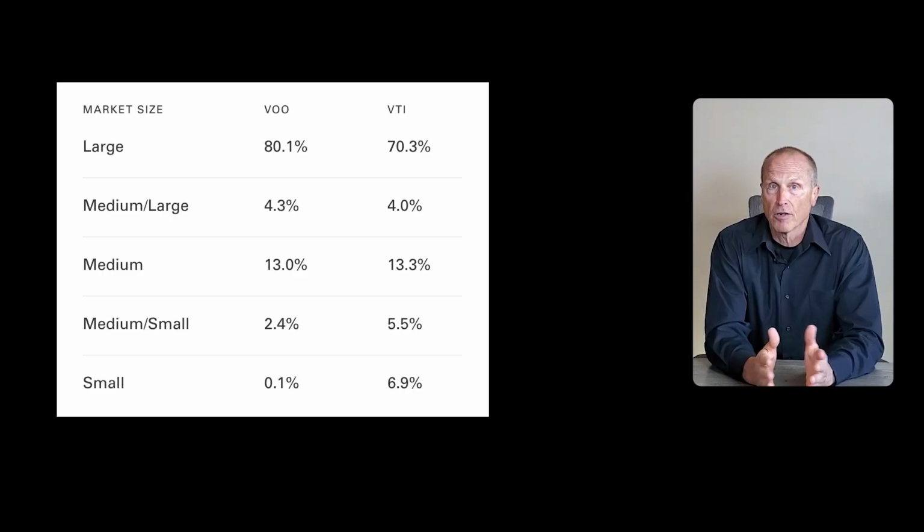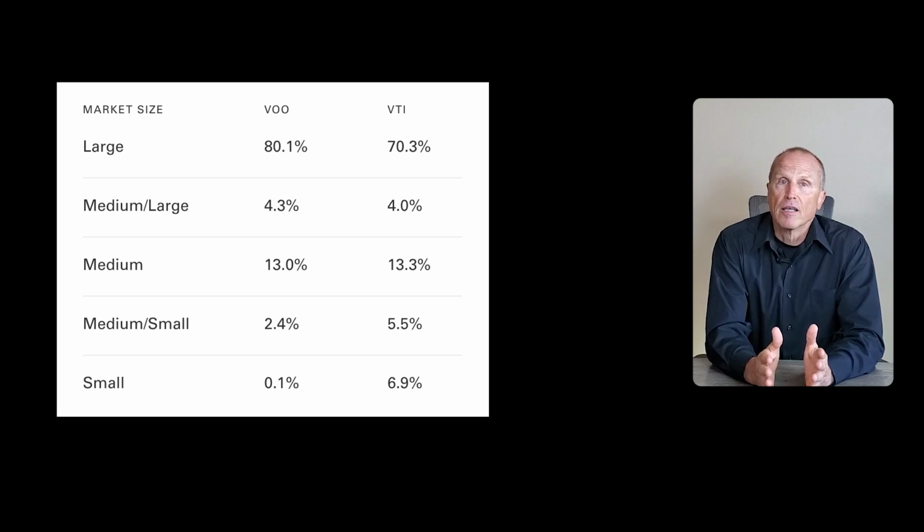Thank you. Now, even though VTI can be thought of as being more diversified, that perceived difference isn't as much as many people think. In fact, it's not like the S&P 500 only has large cap companies in it. Here's the breakdown from Vanguard.